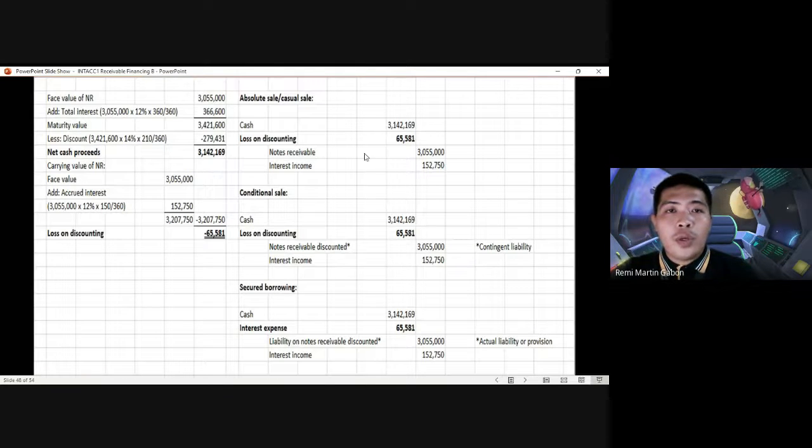So therefore, yung notes receivable hindi pa natatanggal sa FS. Si notes receivable account pa yung nasa FS kapag conditional sale. Kasi dito, sa absolute sale, actual notes receivable talaga yung na-credit. But this time here, notes receivable discounted. This is a different account. Okay? Although the amount is still the same, because we are recognizing that we're still going to pay the face amount plus the interest.